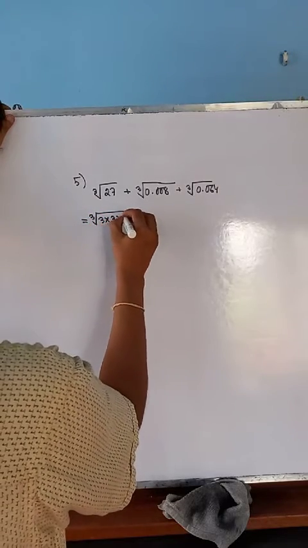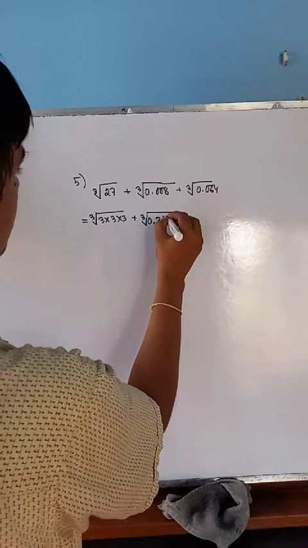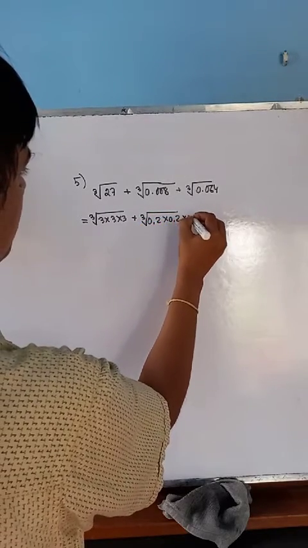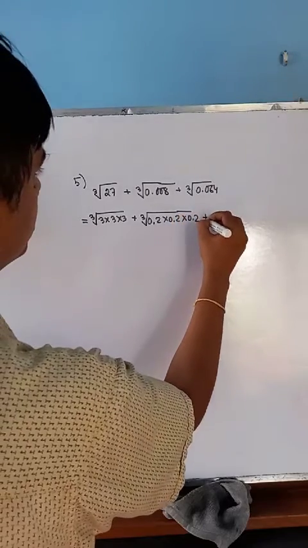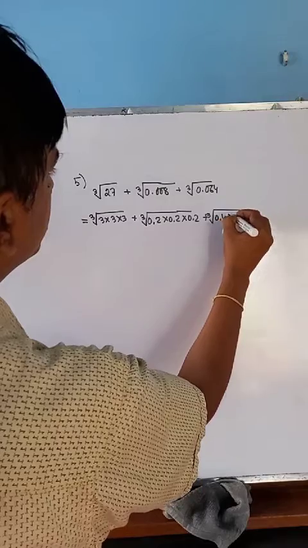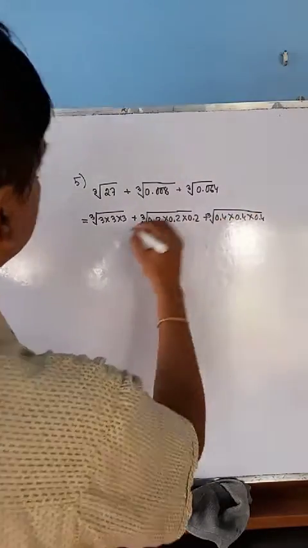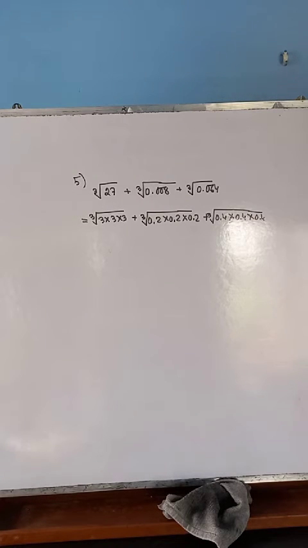Three 3s are 9, 9 3s are 27. 0.2, 0.2, 0.2. 0.4, this 0.4. Just factorize this part and you can get this answer.